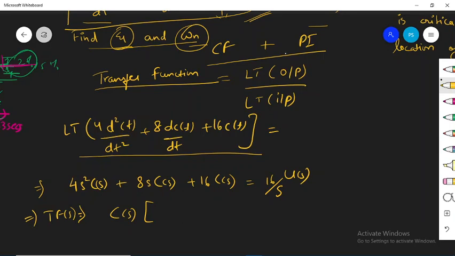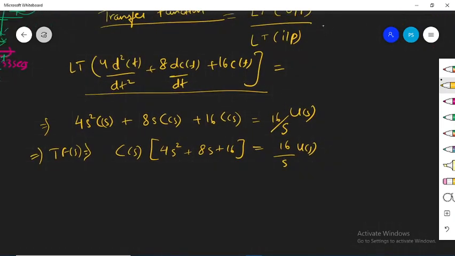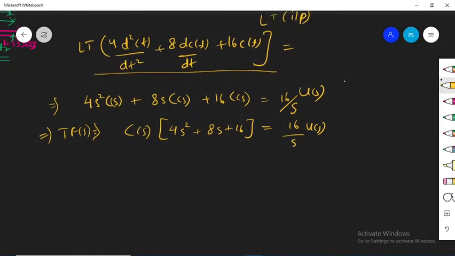It will become 4s square plus 8s plus 16. This is equal to 16 by s. You need to find out the ratio of C(s) and U(s), the Laplace of output divided by Laplace of input.